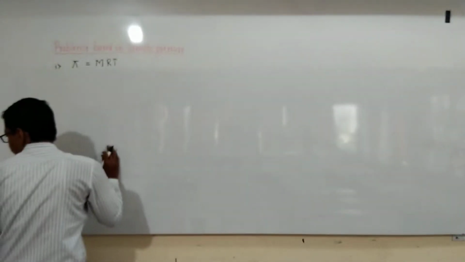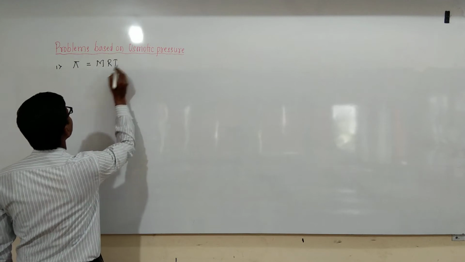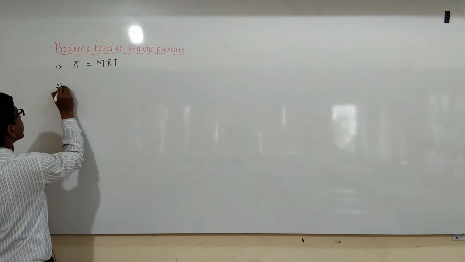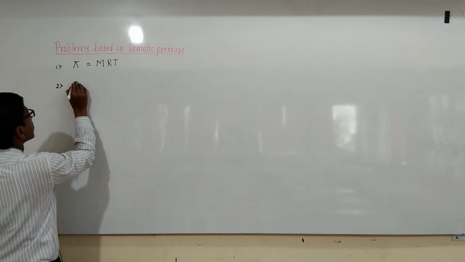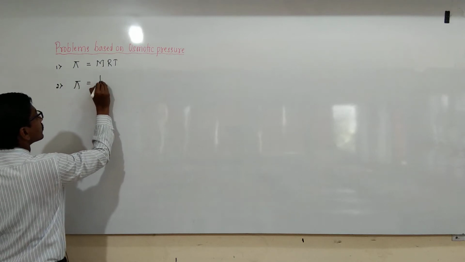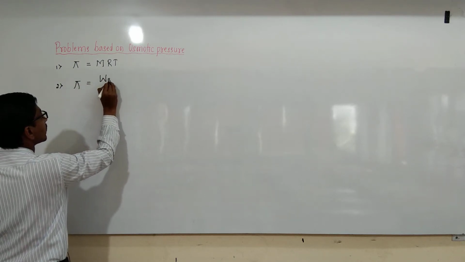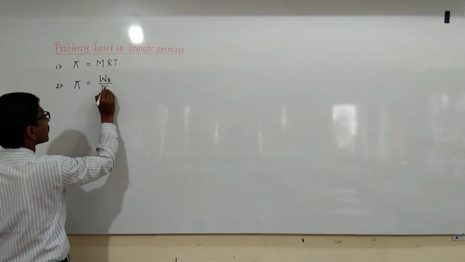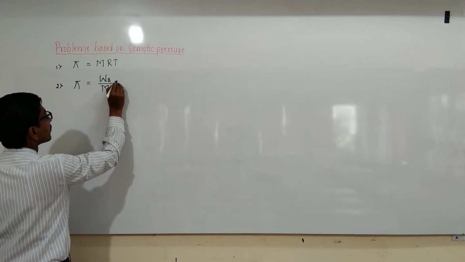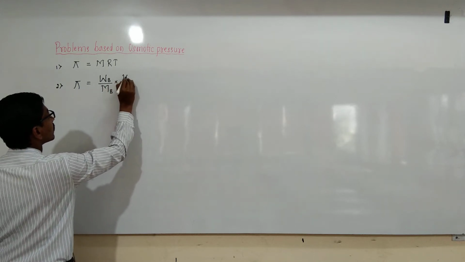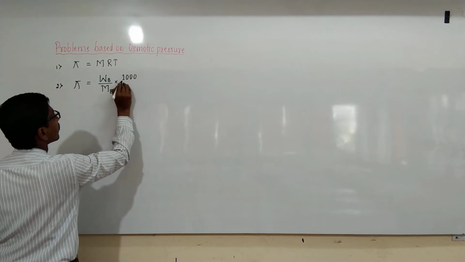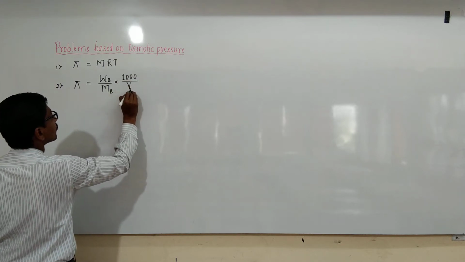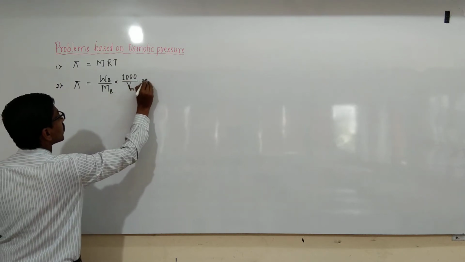Then pi is equal to WB by MB into 1000 divided by V in mL into RT.